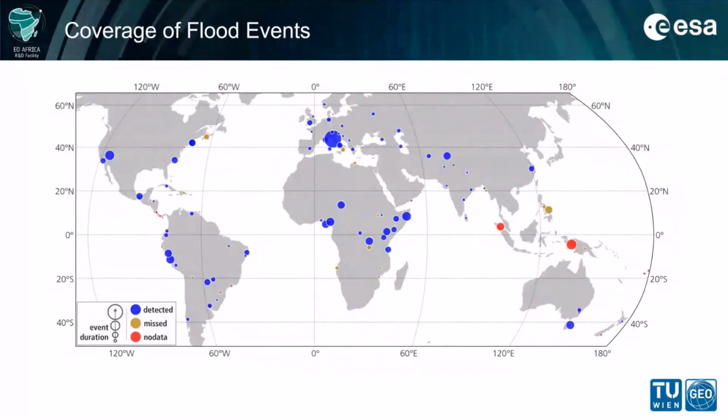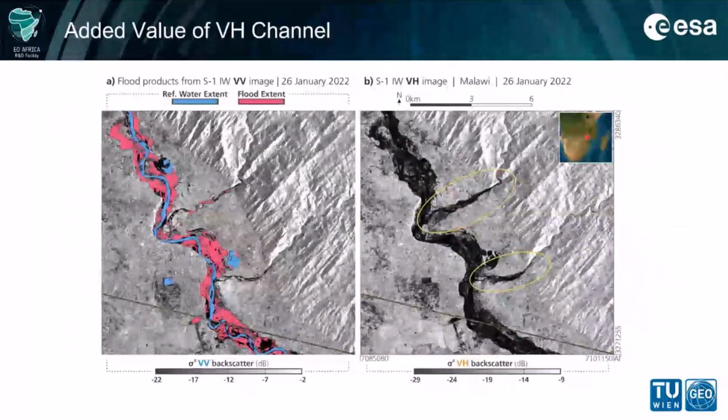And in other cases, we had images within the denoted areas and time frame, but they didn't show any visible flooding. So maybe there was something wrong with the database, or Sentinel-1 wasn't really able to pick this event up, or the timing was very unfortunate. So that's one limitation one has to be aware of.